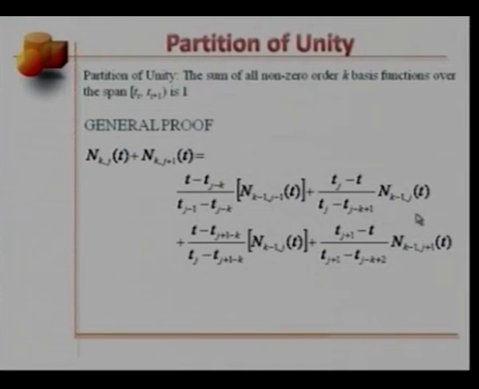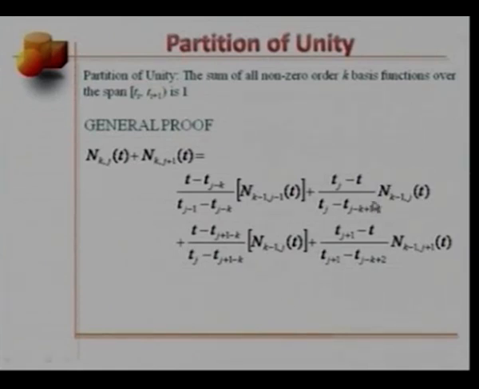Now concentrate on this term here and this term here. What do you observe? You would see that N k minus 1 j is common, and also the denominator t j minus k plus 1 is common. You might want to try adding these two terms together. What will happen to the numerator in that case?